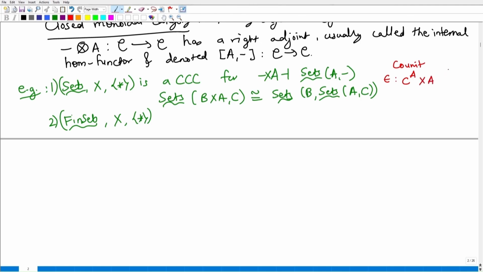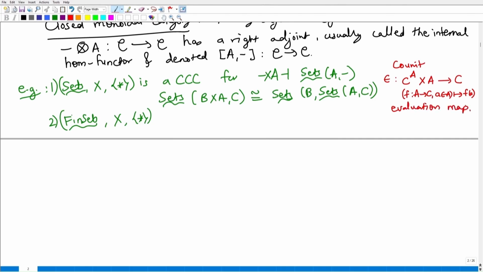This is also called exponential, to C. What does it do? It's the evaluation map. It takes a function from A to C and an element a in A and maps it to f of a. So the co-unit is actually the evaluation map.